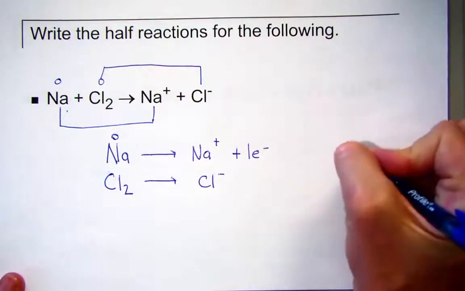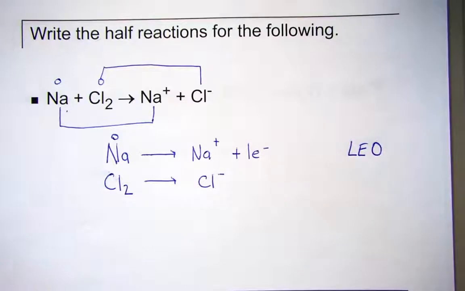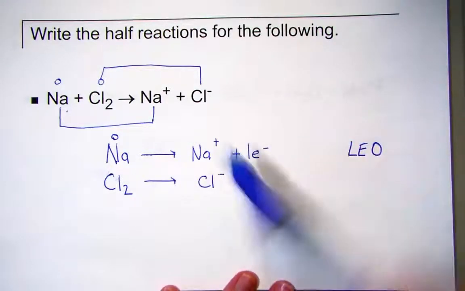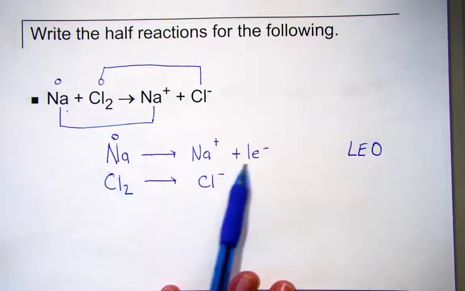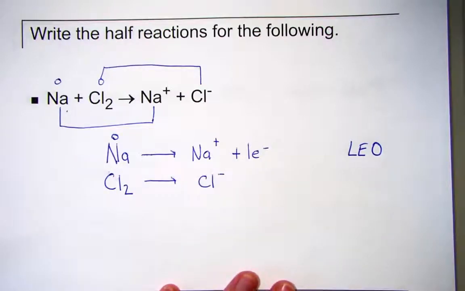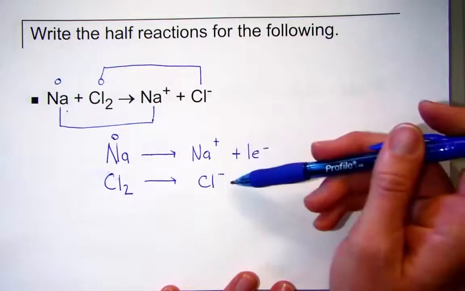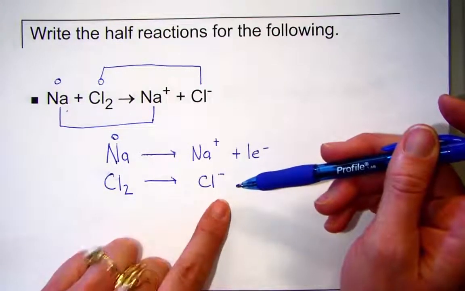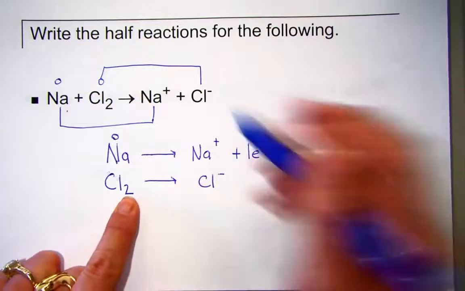And losing an electron is going to form what's called an oxidation half reaction. The loss of an electron is oxidation. So far, we've shown sodium atom losing 1 electron, forming its +1 ion. There's the Leo.